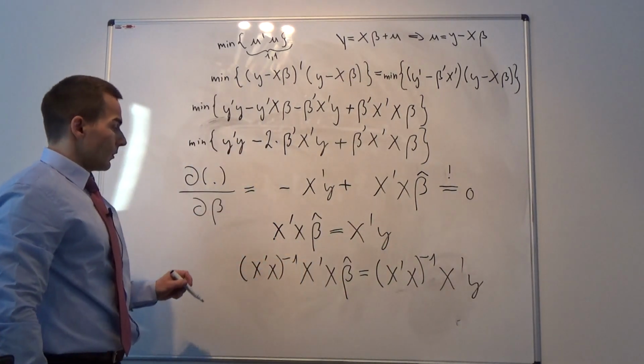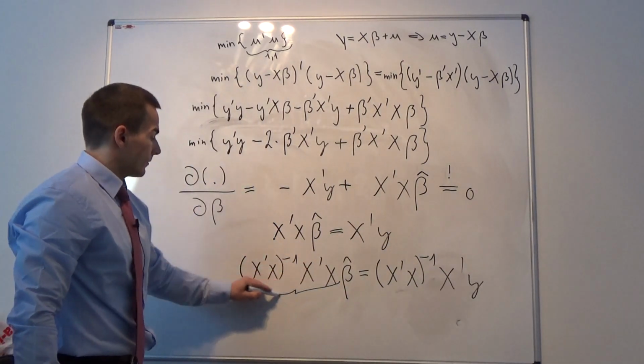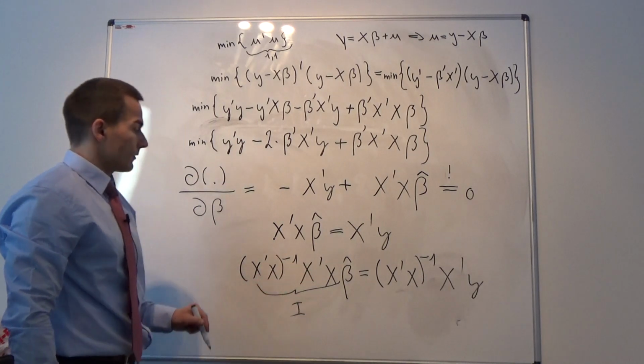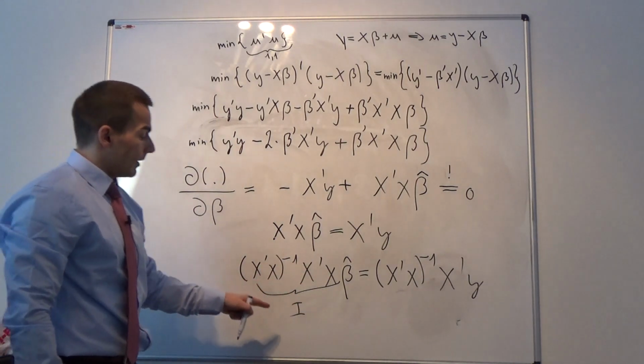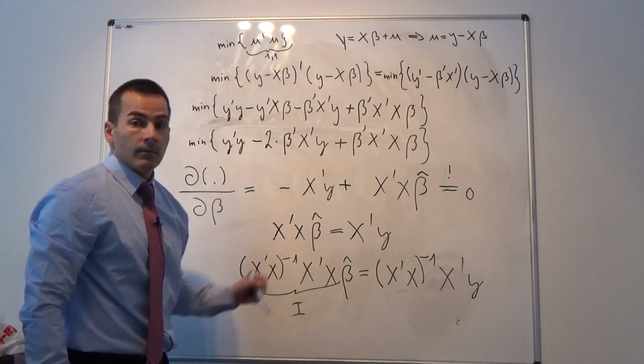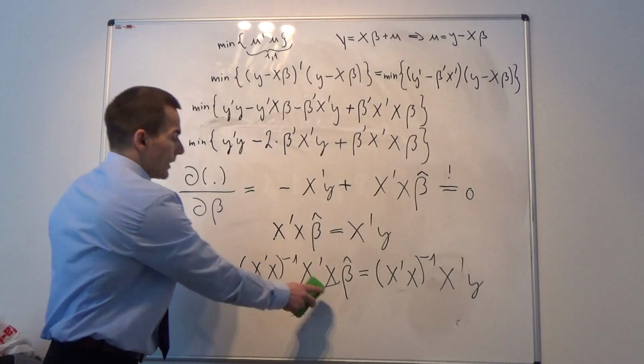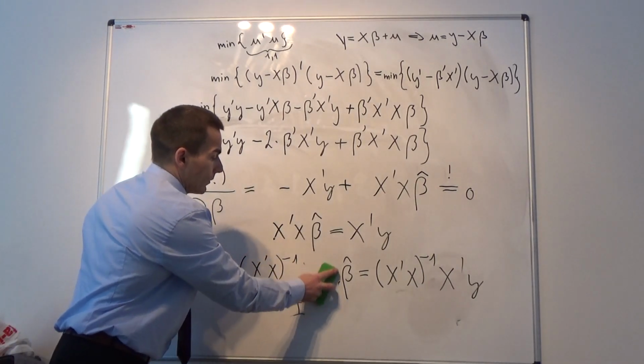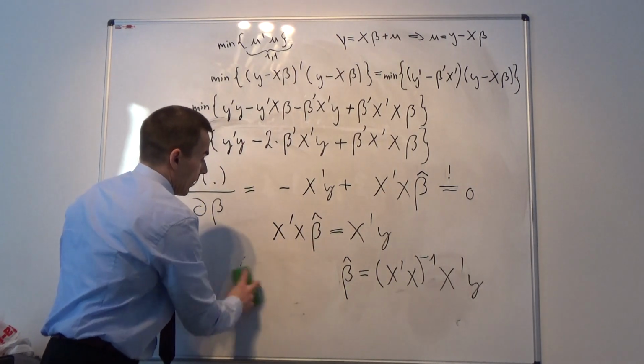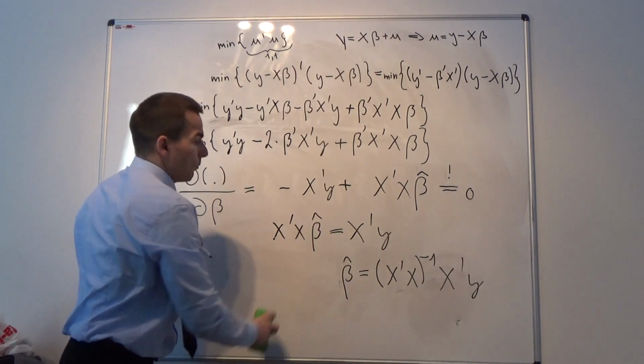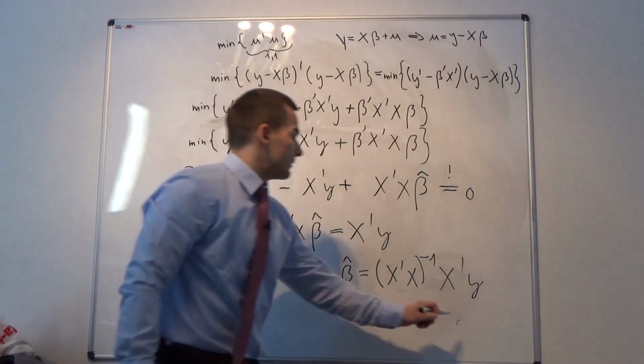So this part becomes the identity matrix, and this doesn't change anything because the identity matrix times beta hat is beta hat. So we can take this away, and what remains is our OLS point estimator beta hat.